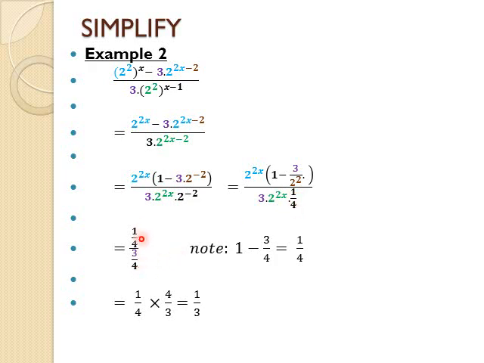So that's how I get a quarter divided by 3 over 4. Change division to multiplication, and we always invert the fraction at the bottom. Write down its reciprocal. So 1 over 4 times 4 over 3. 1 times 4, 4 times 3 is 12. Or 4 and 4 cancel, and I'm left with 1 over 3. 4 over 12 is also 1 over 3.